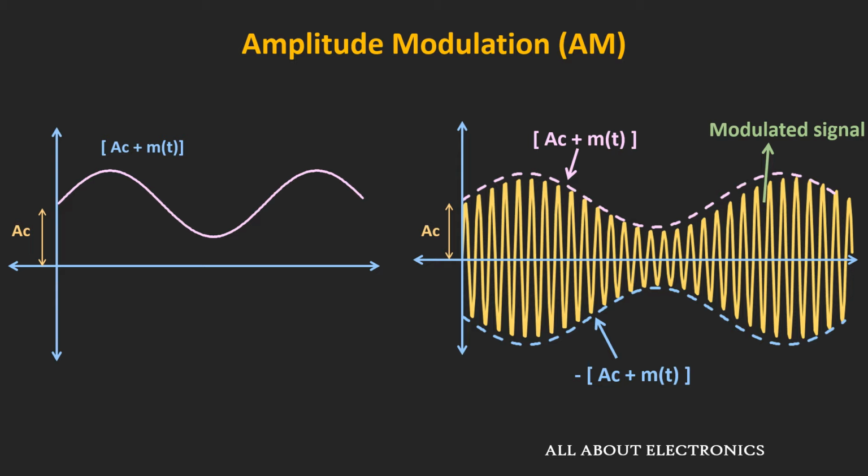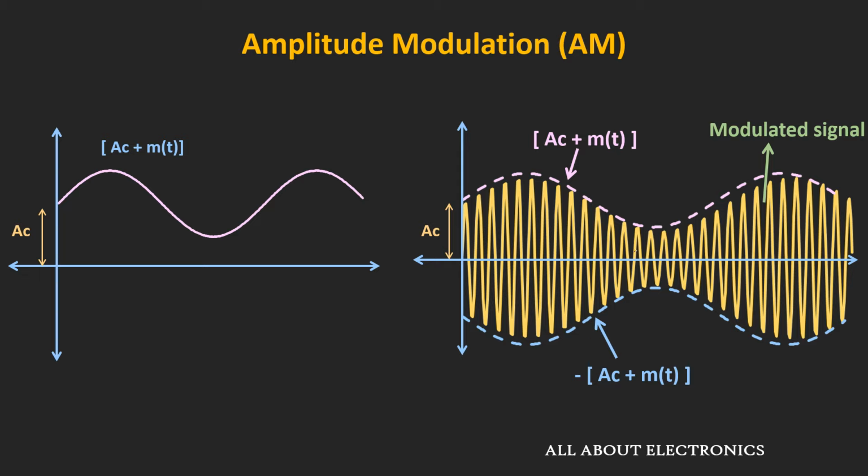This Ac + m(t) will get multiplied with the carrier signal, and the modulated output can be represented by this yellow signal. Here, plus minus Ac + m(t) is the envelope of the modulated signal. That means the modulated signal is contained within this envelope.